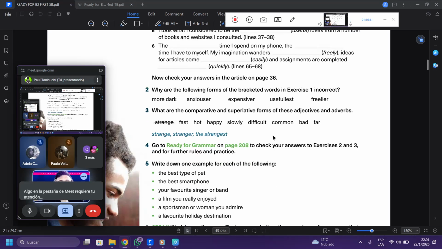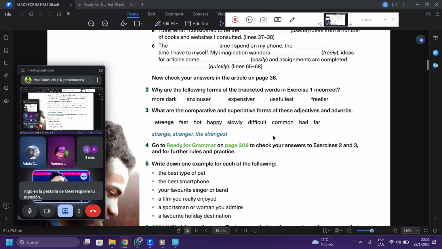Number 2. Why are the following forms of the bracketed words in exercise 1 incorrect? For example, is it possible to say more dark? No, right? What is the correct form? Darker. It is correct to say darker. Anxiouser? No, more anxious. More expensive.